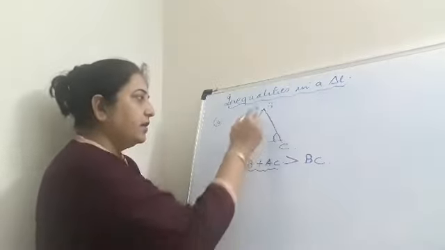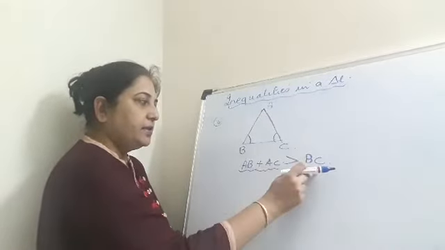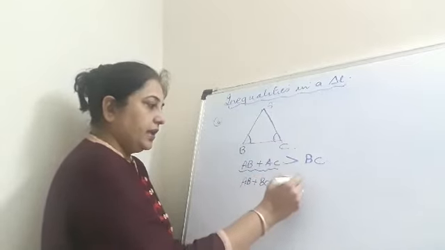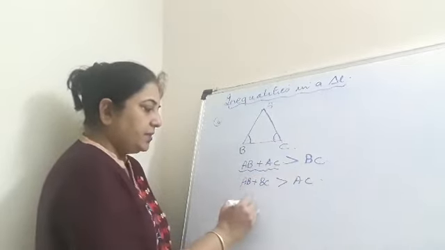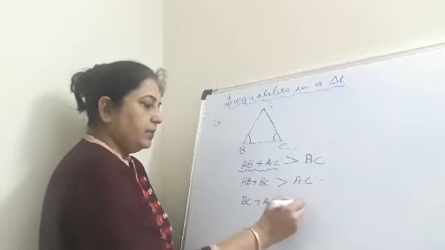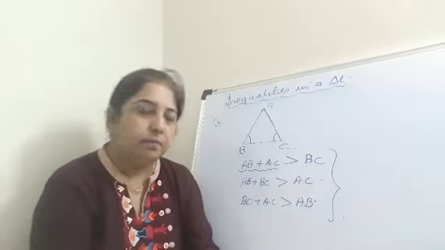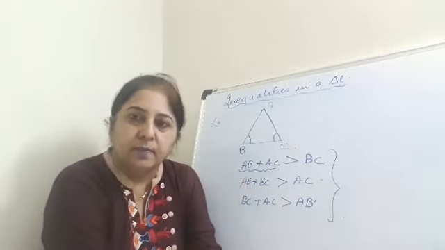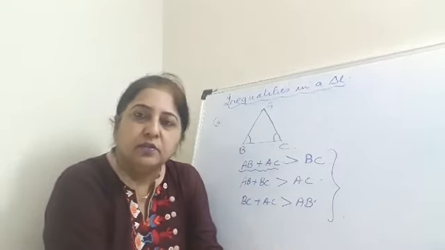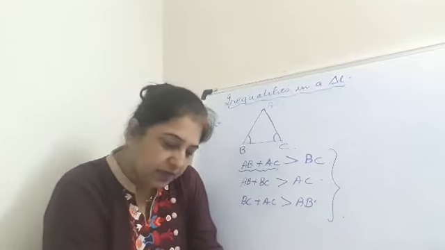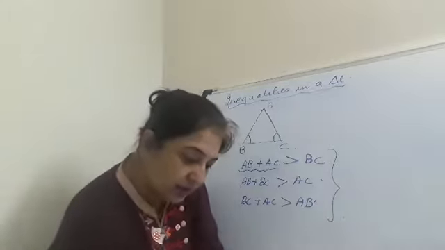So AB plus AC is greater than BC. AB plus BC is greater than AC. BC plus AC is greater than AB. These are the three parts of the third inequality, that the sum of the lengths of two sides is always greater than the third side. This you have studied in class 7.